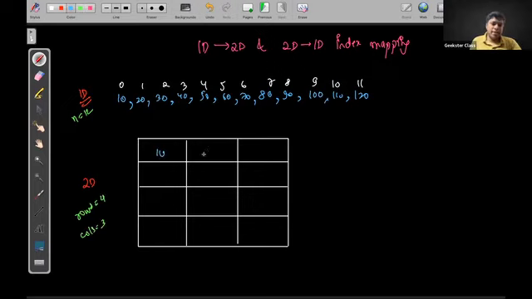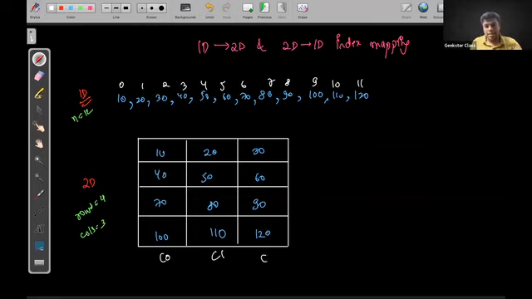And the elements are 10, 20, 30, 40, 50, 60, 70, 80, 90, 100, 110, 120. Okay. And also let me write the coordinates. This is C0, this is C1, this is C2. This is R0, R1, R2, R3.